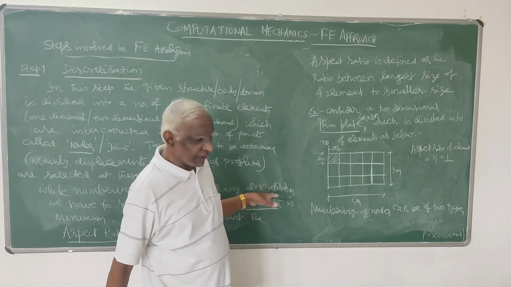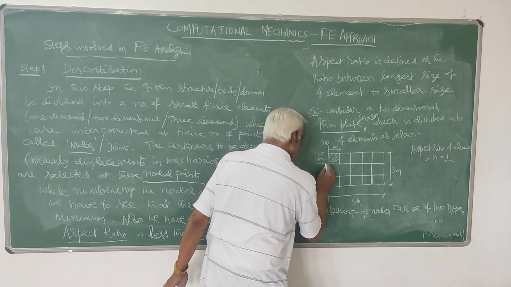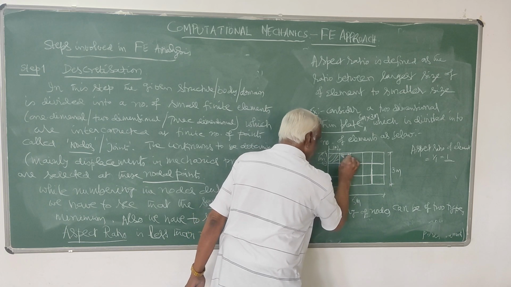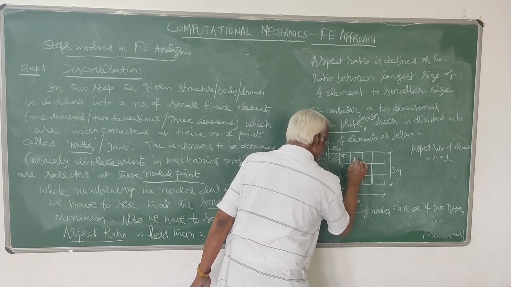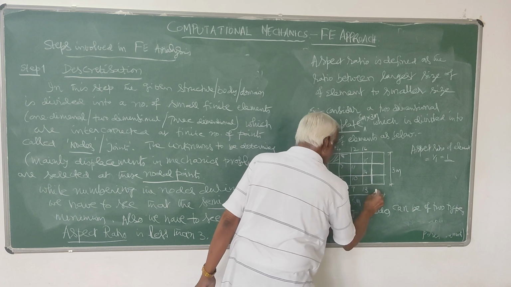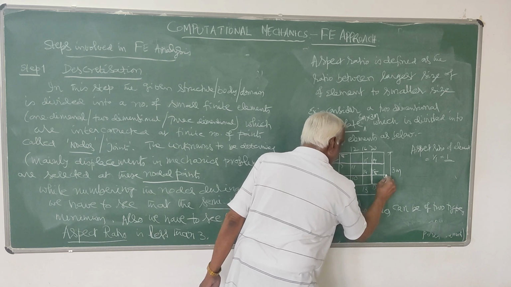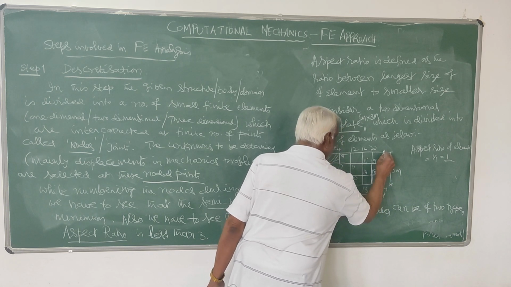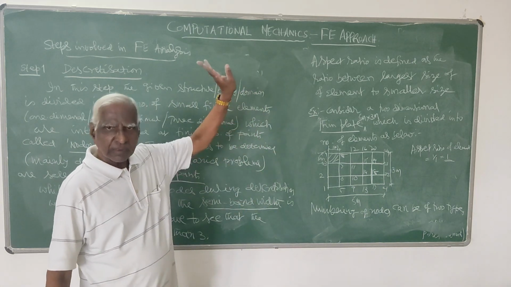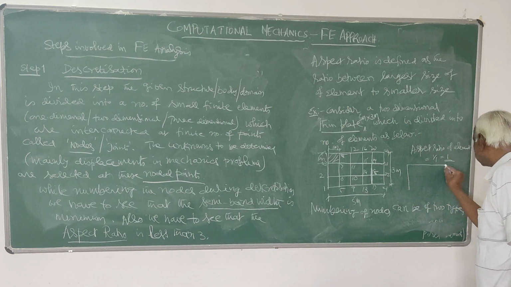One type, you can number it vertical-wise: 1, 2, 3, 4, 5, 6, 7, 8, 9, 10, 11, 12, 13, 14, 15, 16, 17, 18, 19, 20, 21, 22, 23, 24. You can number in this fashion, or you can number in a different way.